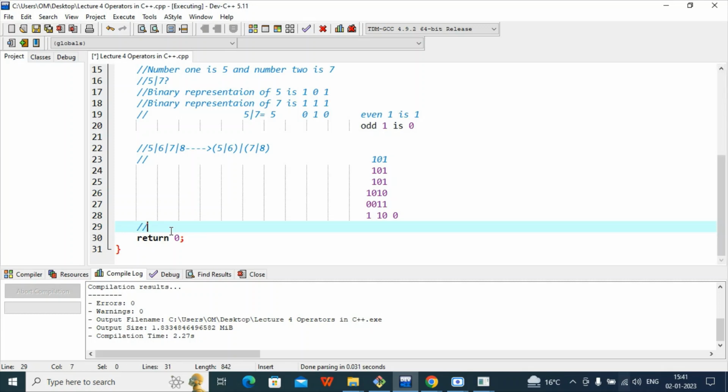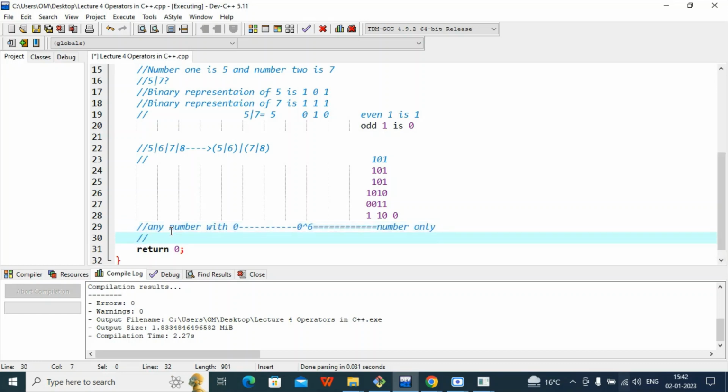If you XOR any number with 0, for example 0 XOR 6, it will always give you the number only, 6. Second, if you XOR the same number with the same number, suppose you XOR 6 XOR 6, it will always give you 0.